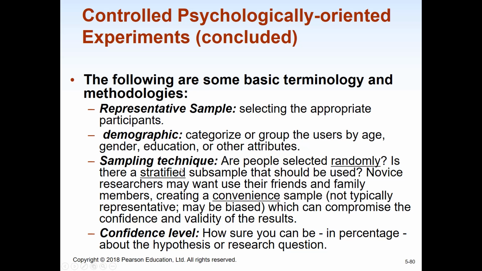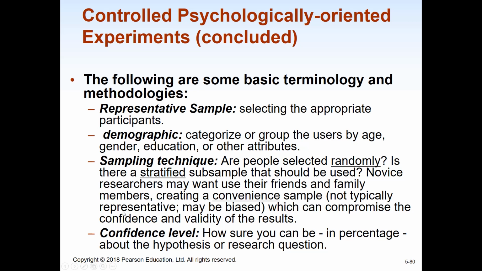Sampling technique. How do we select our sample of those participants? Are people selected randomly? Is there a stratified subsample that should be used? Novice researchers may want to use their friends and family, which is easier to recruit, to create a convenient sample, but not typically representative.